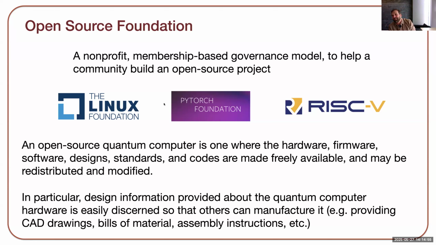Anyone who's fooling around with AI right now and using PyTorch. PyTorch is developed in a foundation very similar to what I'm going to talk about. And so that's an easy entry point. If you look at PyTorch Foundation, just Google it, look at how they're structured. PyTorch used to be developed by Meta, right? And so what Meta did is offloaded PyTorch into this foundation.